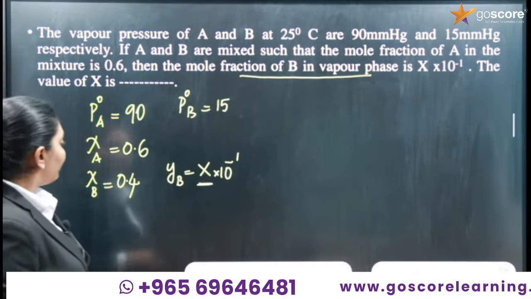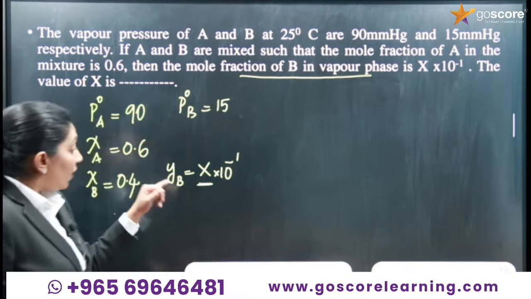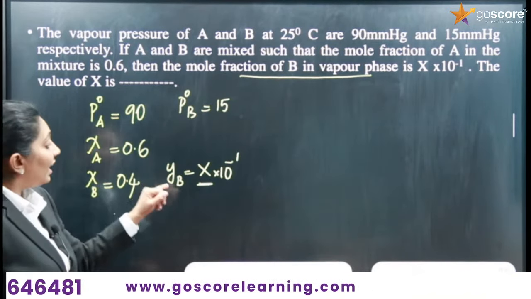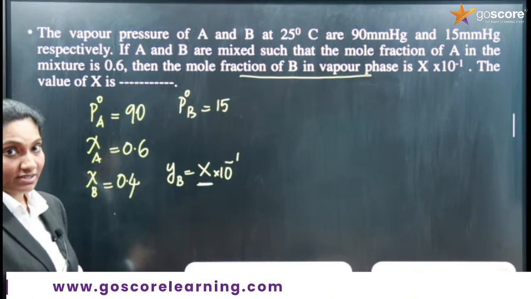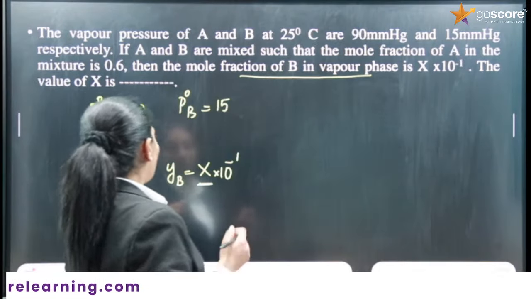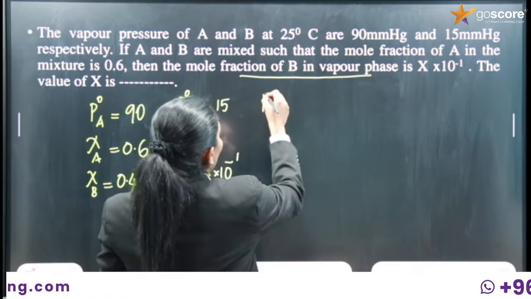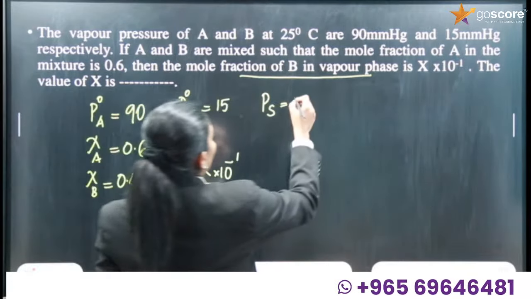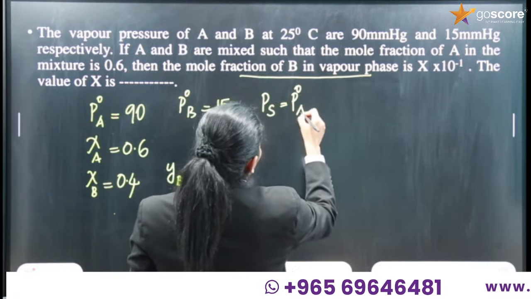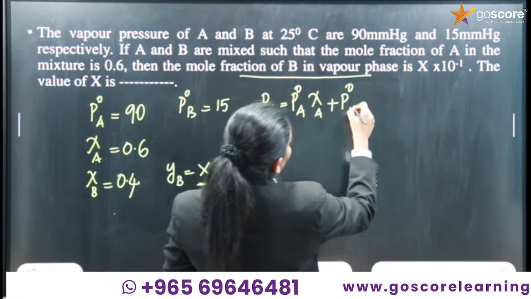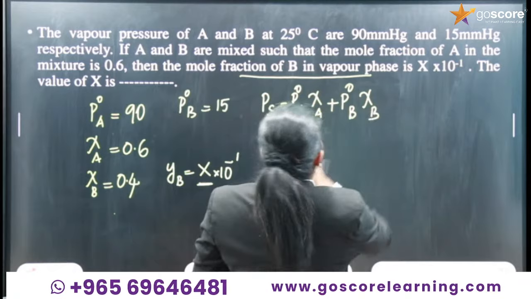See how we will find out the value of X, that is the mole fraction of component B in the vapor phase, right? For that, first you have to find out the total vapor pressure of the solution, which is equal to P naught A into chi A plus P naught B into chi B, right?